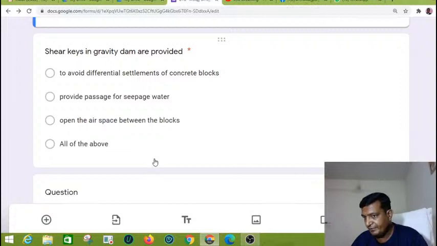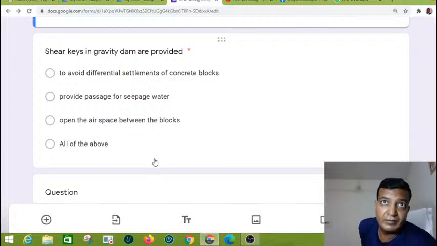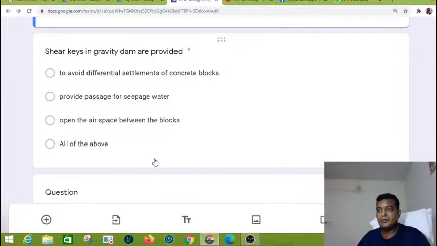Put up your answer in chat box. Type your option A, B, C, D in chat box.